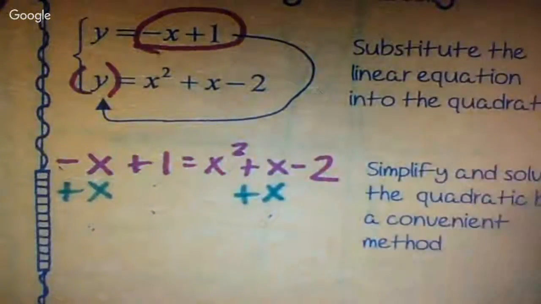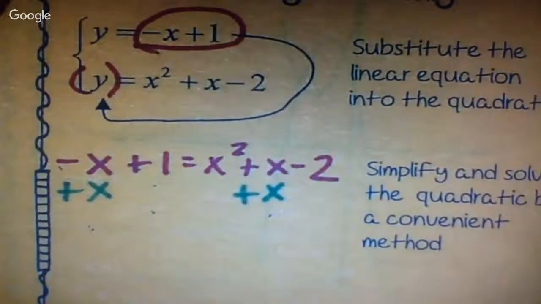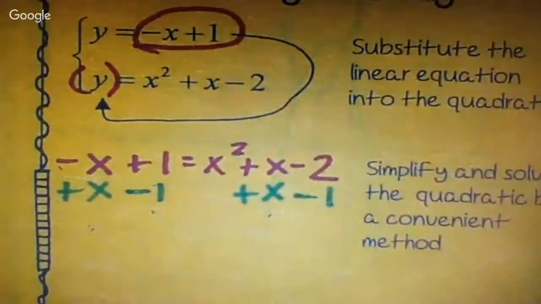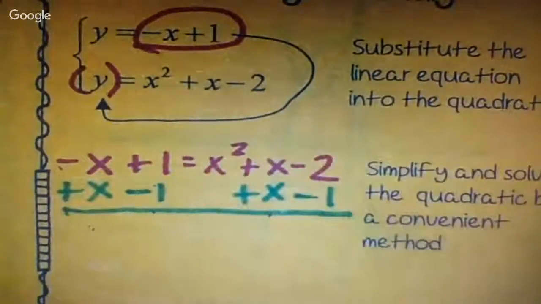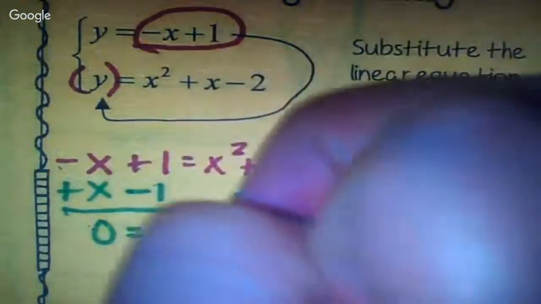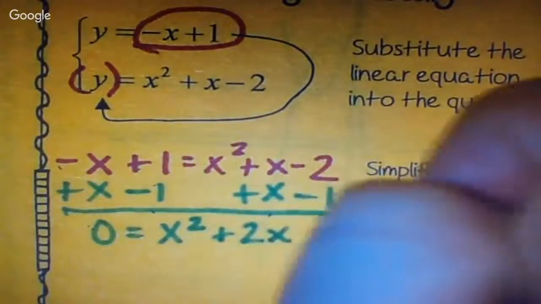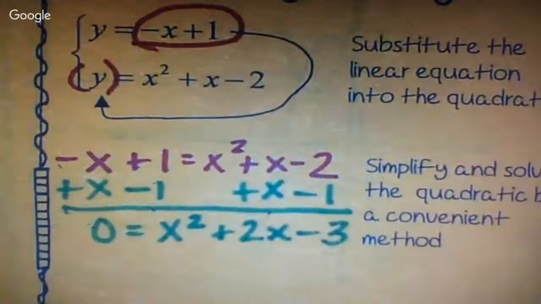Notice I put it right underneath the x because that's where it goes. It combines with that. And when I move my positive 1, it becomes negative 1. So now I've got 0 on the left, and I have x squared plus 2x minus 3.